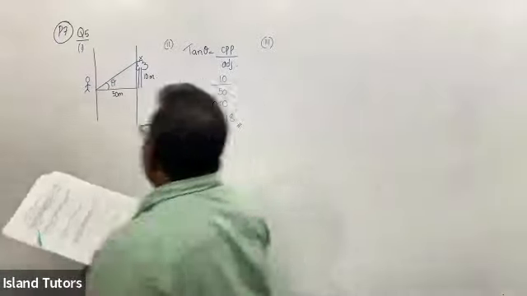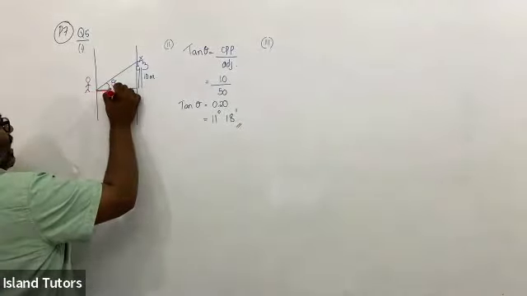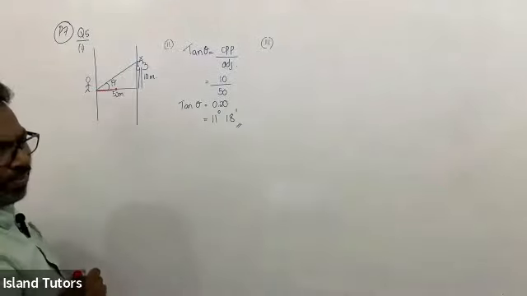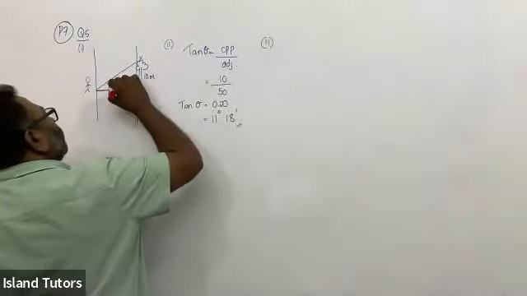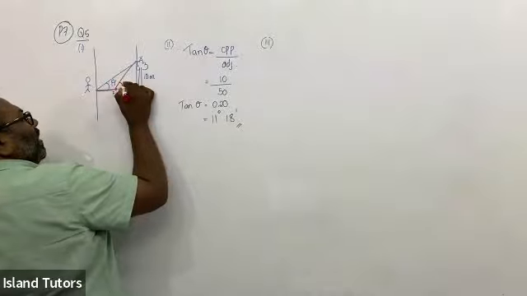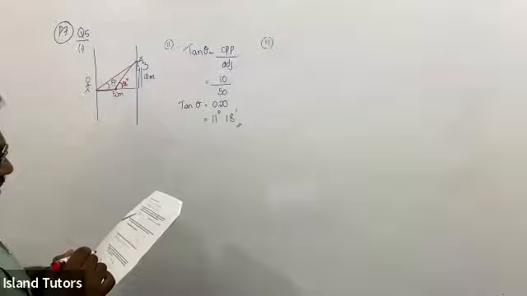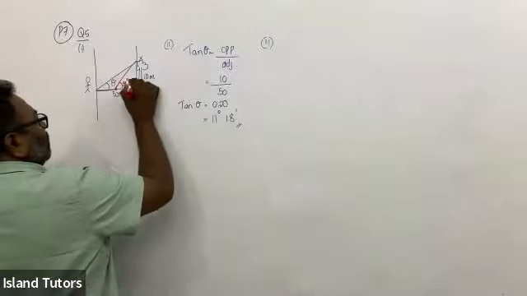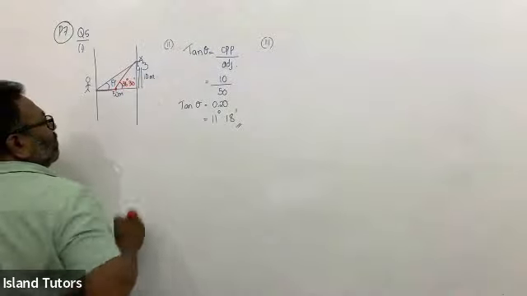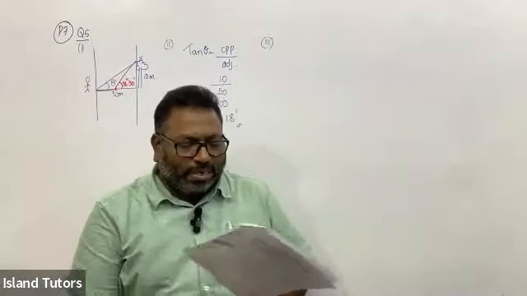So he is going a certain distance and he is stopping over there. And from here he looks at the bird. The angle of elevation is 36 degrees and 30 minutes.